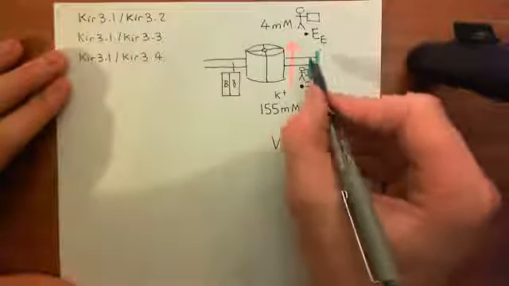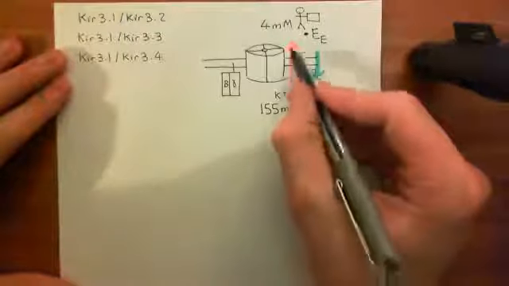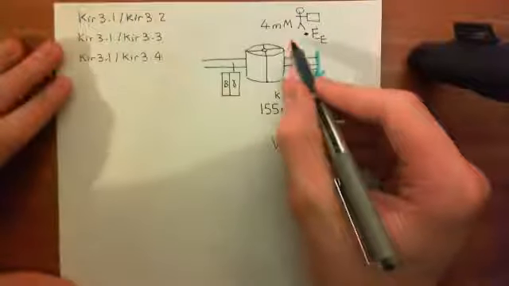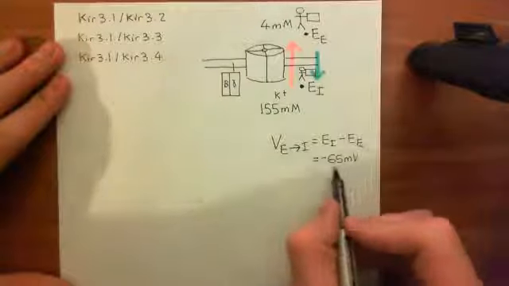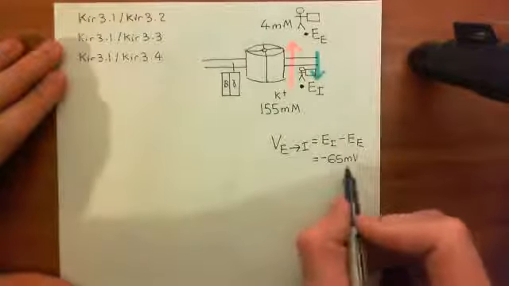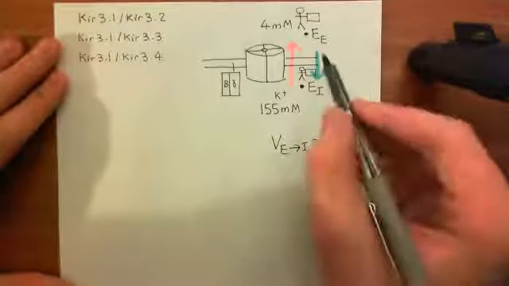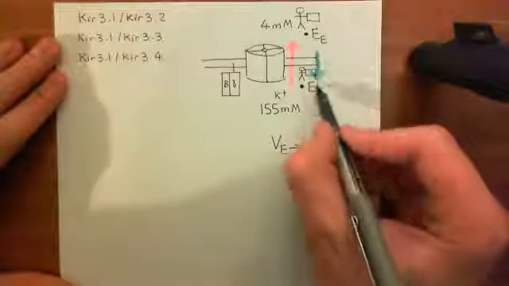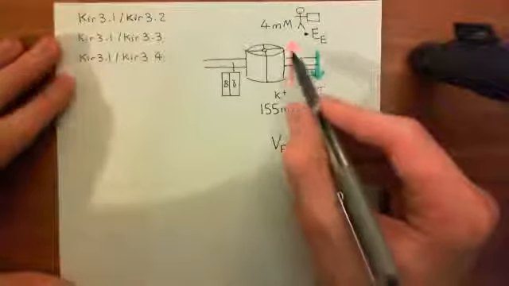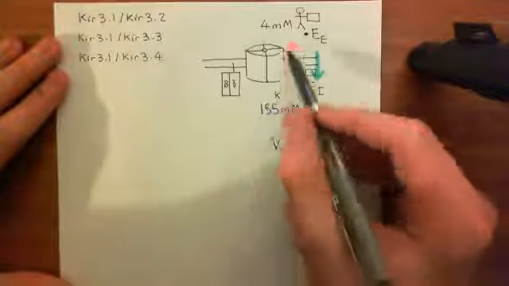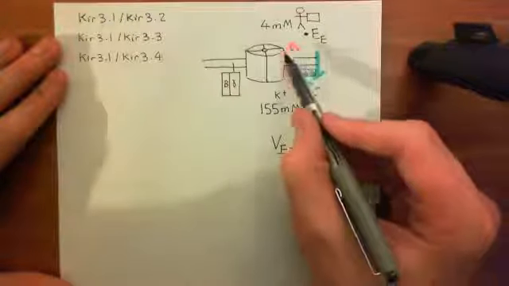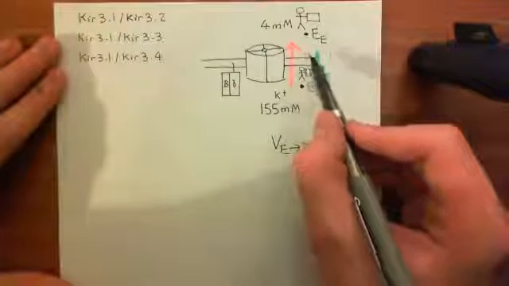Right, so basically potassium ions are going to start moving out, because at an electrical potential difference across the membrane of just negative 65 millivolts, the electrical driving force inwards is not strong enough to conquer the concentration driving force, which is favouring the movement of potassium out.